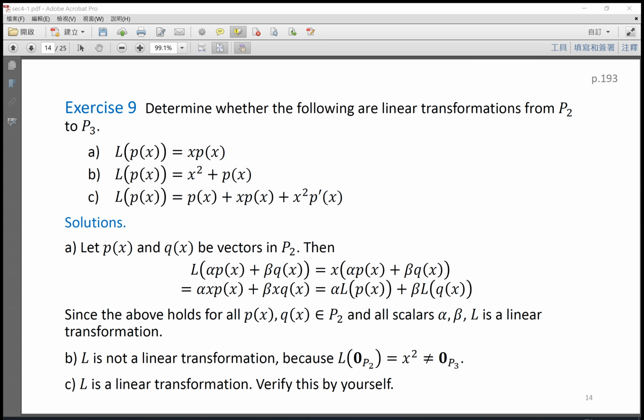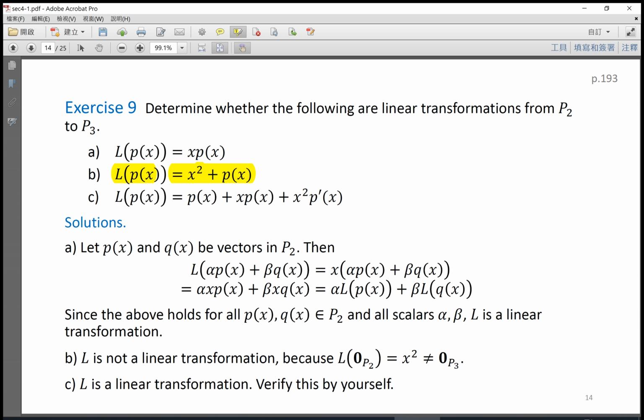In case B, L of P of x is defined as x squared plus P of x. Note that x squared is a constant polynomial in P3, and L of P of x is defined as a constant polynomial plus the input polynomial.